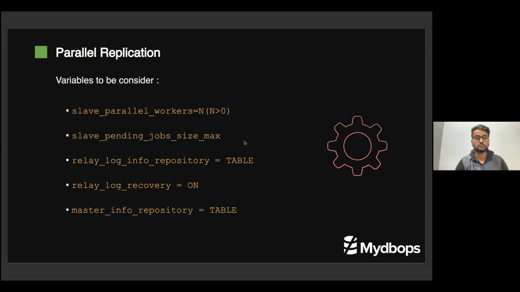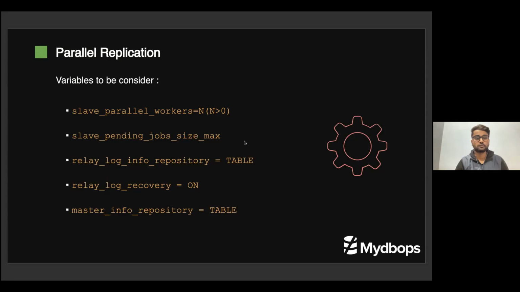So these are the variables we should consider while enabling parallel application in 5.6. Slave parallel workers: we should set it greater than 0, and it's dynamic. Only then will the worker threads get allocated. And slave pending job max size defines the memory size in bytes that every worker thread can use to keep pending jobs in the queue.